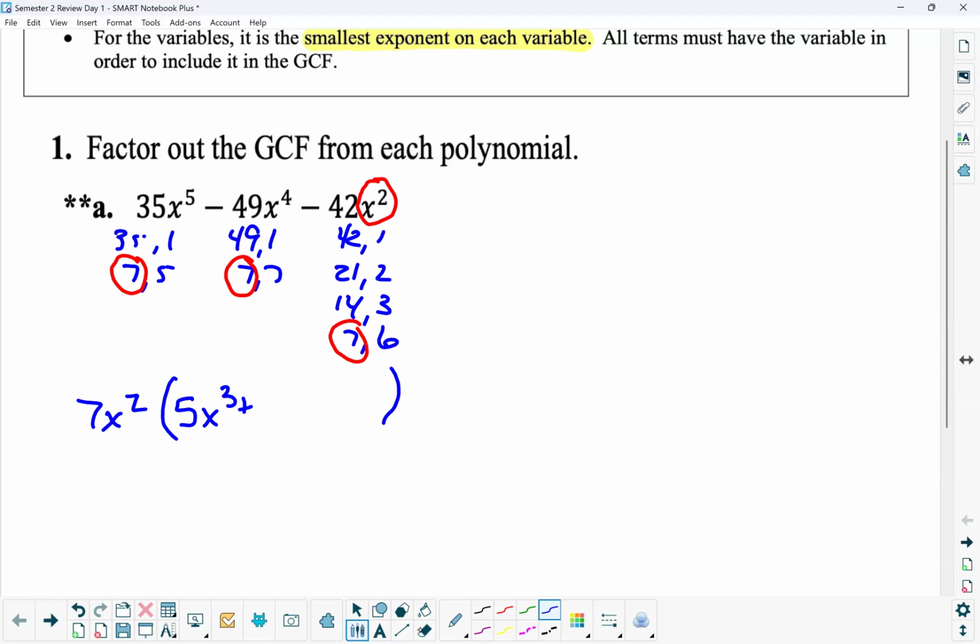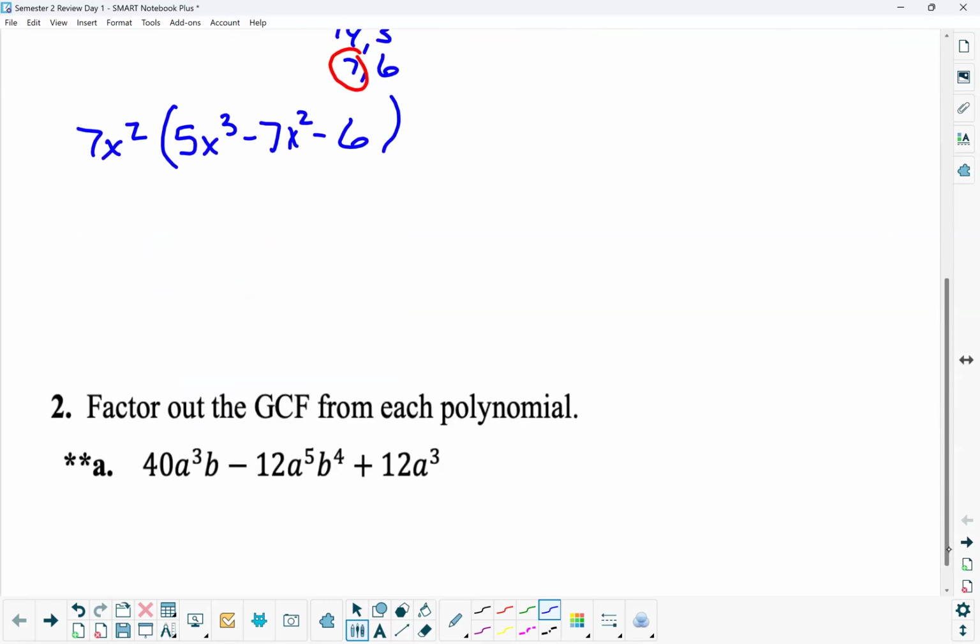For my second term would be minus 7x squared. And the last term would be minus 6. And there is our completely factored form for that polynomial.